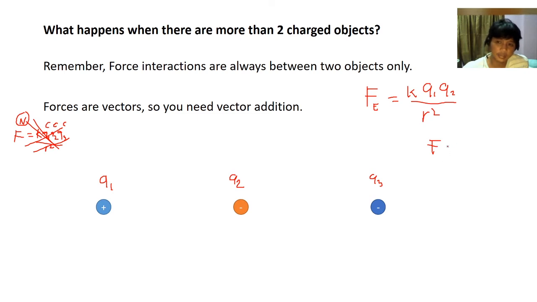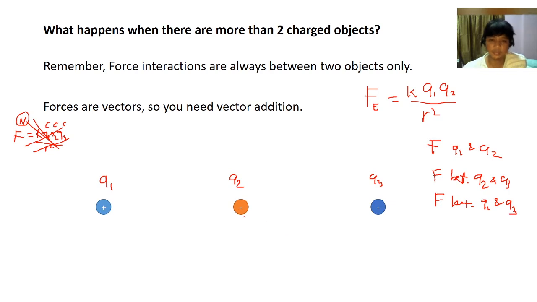That is the force between Q1 and Q2. That's the first pair. The second pair is the force between Q2 and Q3, right? And there's another force, the force between Q1 and Q3. I know that Q2 appears to be in the way of Q1 and Q3 interacting, but Q2 is not in the way.